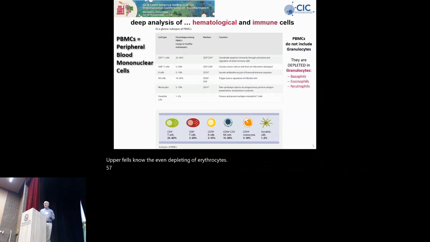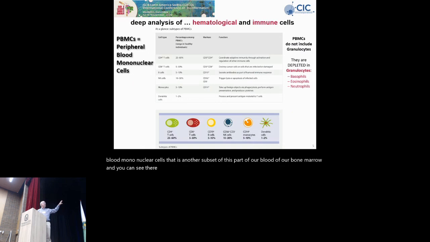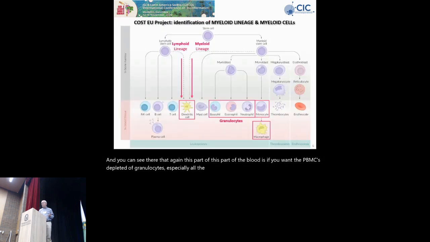57%. So most of the studies done on hematological immune cells are done in peripheral blood mononuclear cells. That is another subset of this part of our blood, of our bone marrow. And you can see there that again, this part of the blood tissue, if you want, the PBMCs, are depleted of granulocytes, especially all the basophils and neutrophils.